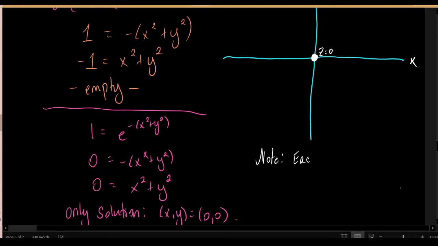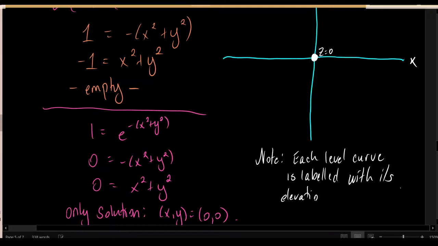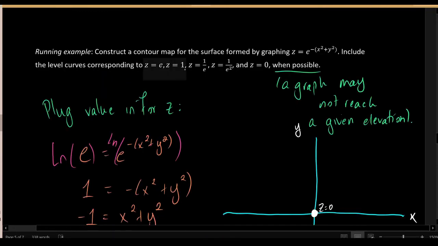Each level curve is labeled with its elevation, its height, its z value. Next, we're asked for z is equal to 1 over e.